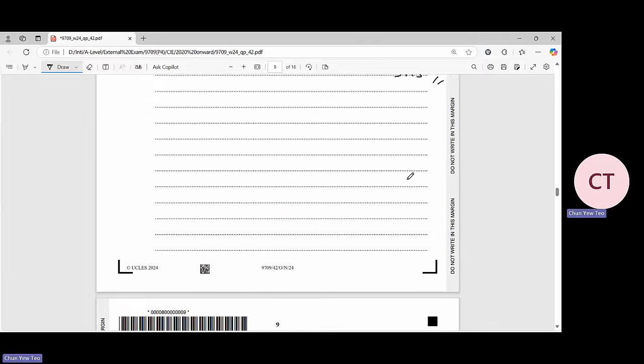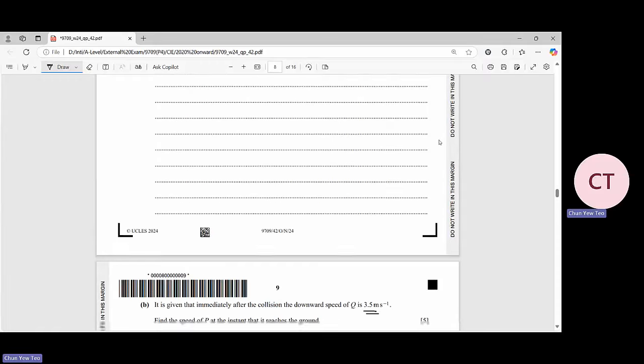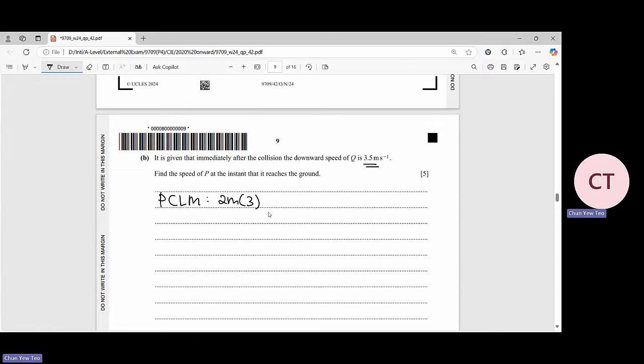So M times 5 equals 2M times the speed of P after the collision plus the velocity of Q after the collision.